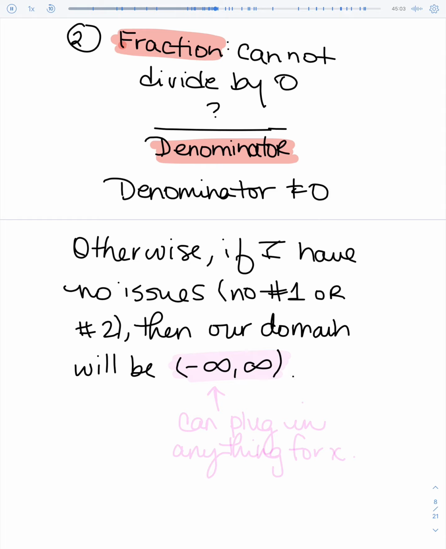And that's a fancy way of basically saying that I can plug in any value I want. So what this means, the negative infinity to infinity, means you can plug in anything for x.